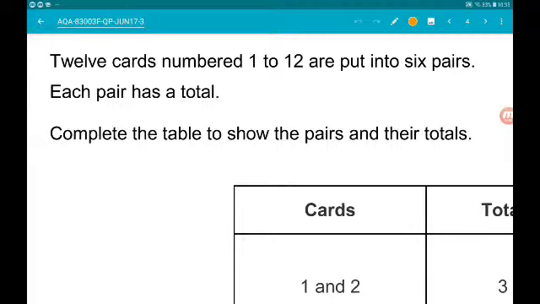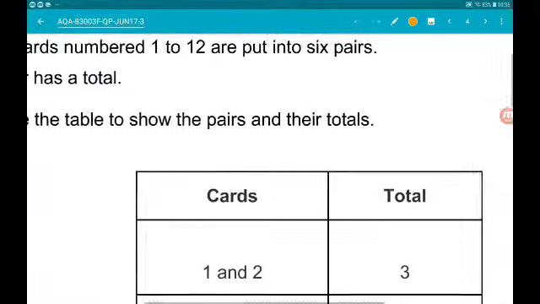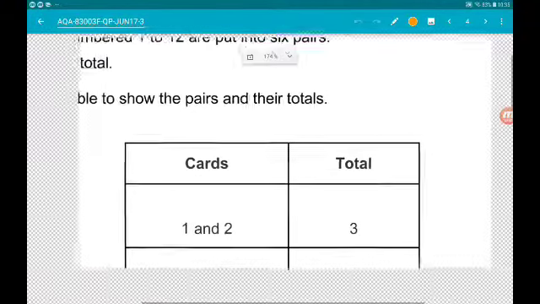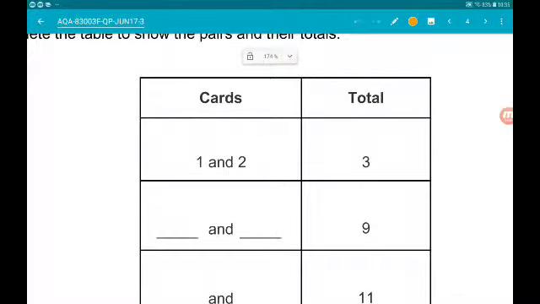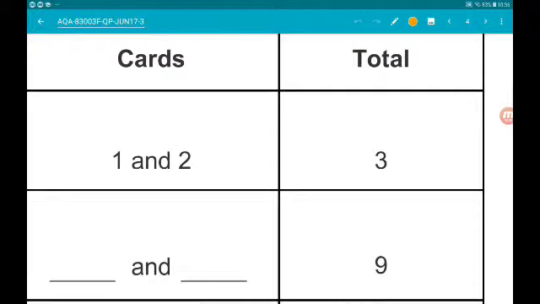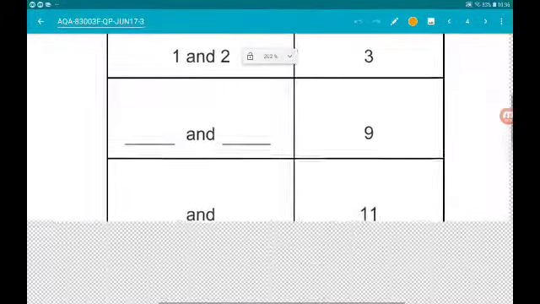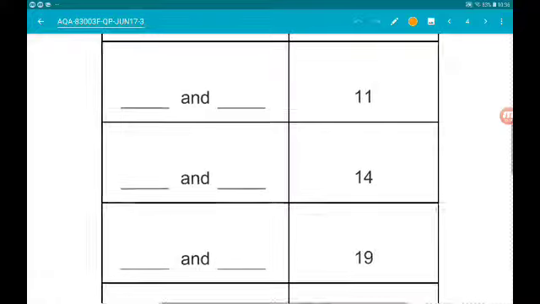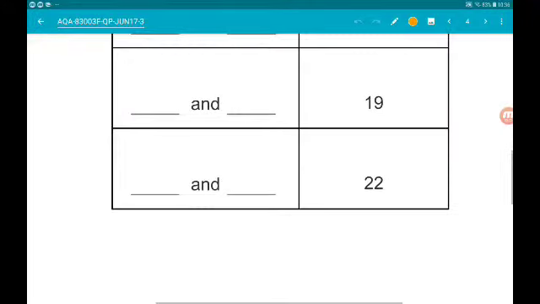We want to complete the table to show the pairs and their totals. 1 has been done for us, 1 and 2. We can see the total is 3, so we are adding the two numbers together. So we need to make 9, 11, 14, 19 and 22.